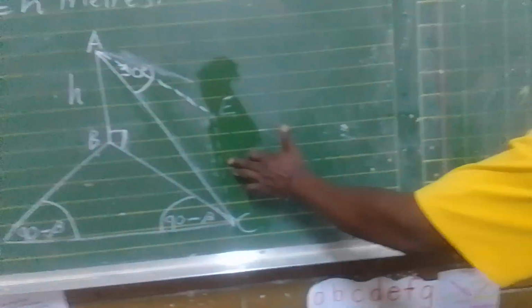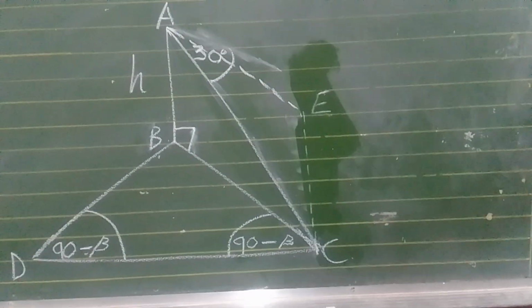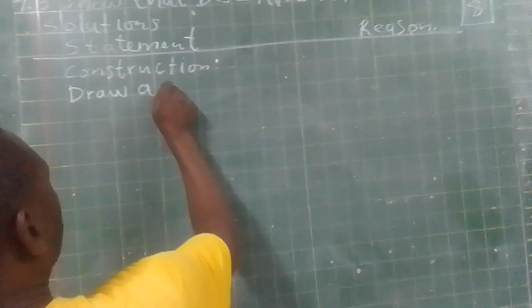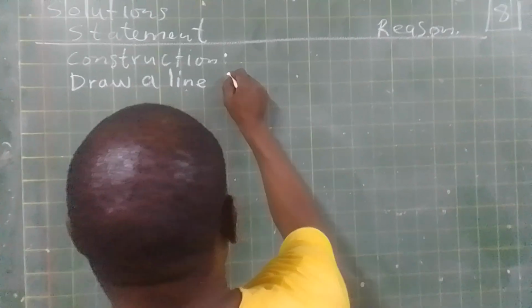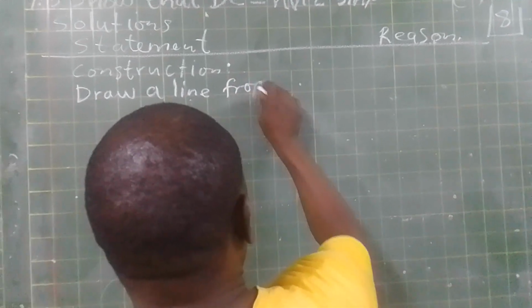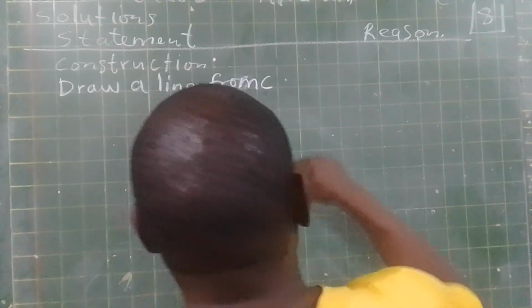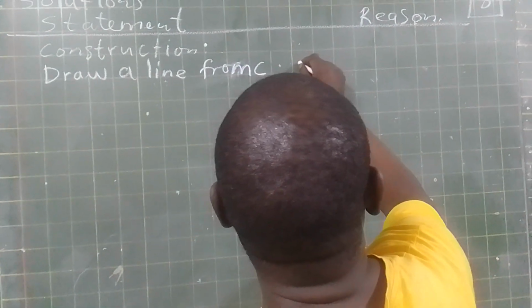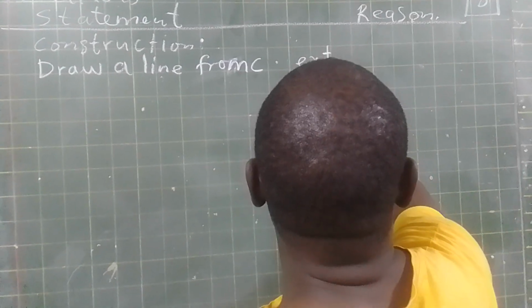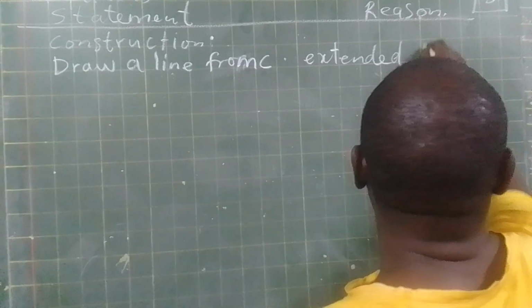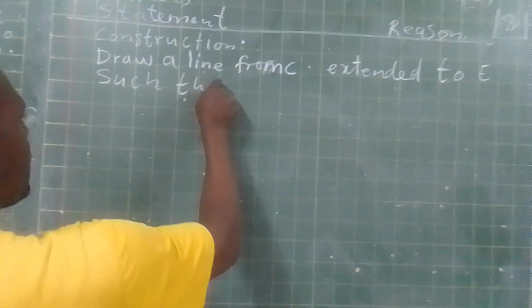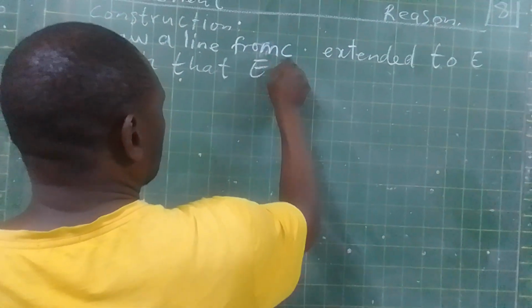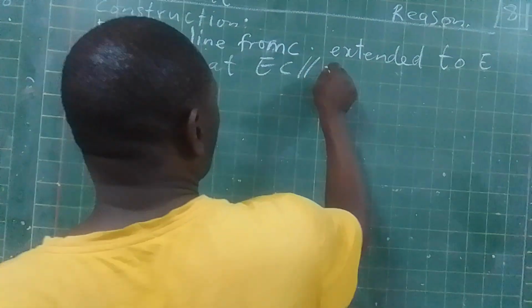Now we're going to tell them what we have done. Draw a line from C extended to E such that EC is parallel to AB.